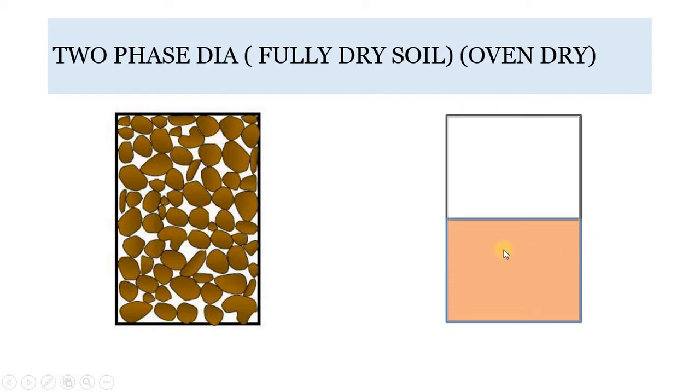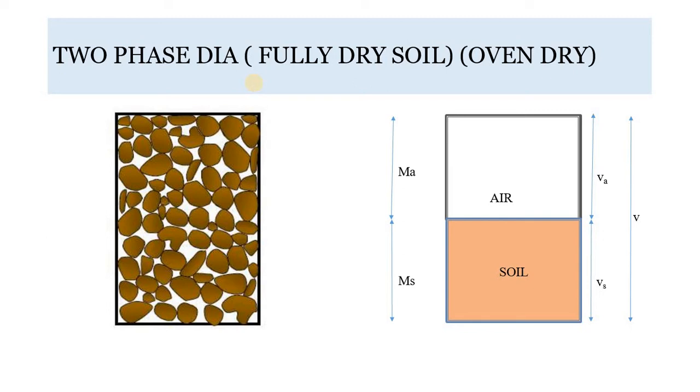We can show it in a two-phase diagram: some part is soil particles and the remaining part is air voids. So the total volume is the sum of the volume of air and the volume of soil. Same for mass, the total mass of this specimen is the sum of the mass of air and the mass of soil. This is the two-phase diagram. Hope you can understand what is meant by three-phase and two-phase diagrams.